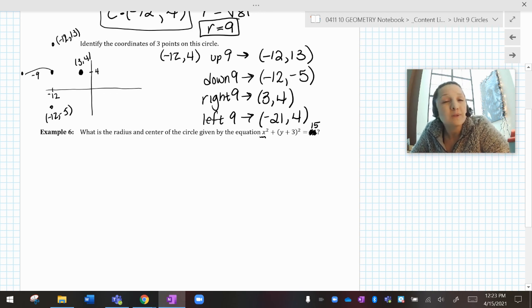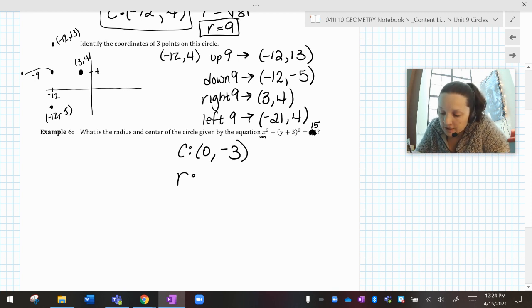That's okay. When it was x squared plus y squared equals r squared, my center was the origin, which is 0, 0. So if you ever see your x or a y without a parenthesis, that means that coordinate of the center is just a 0. And then it says y plus 3, so negative 3 is my y coordinate.